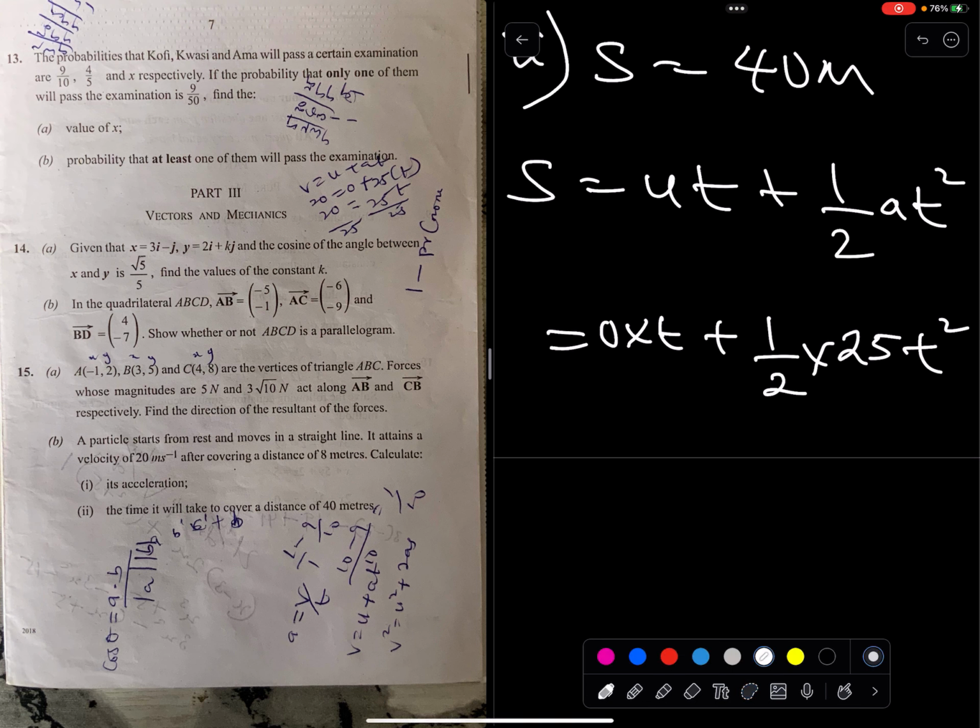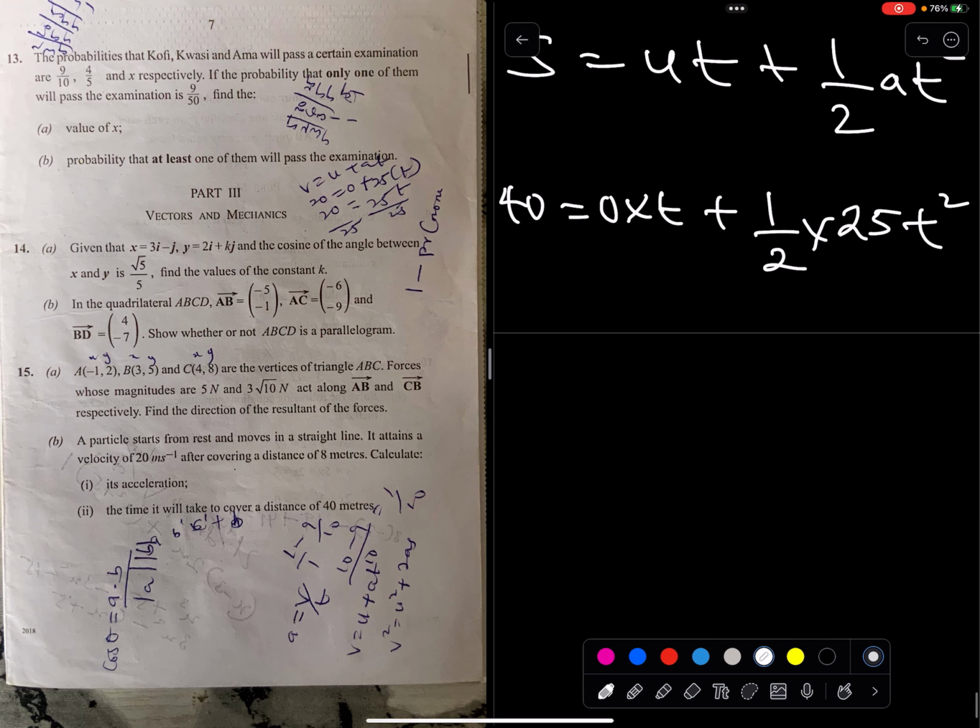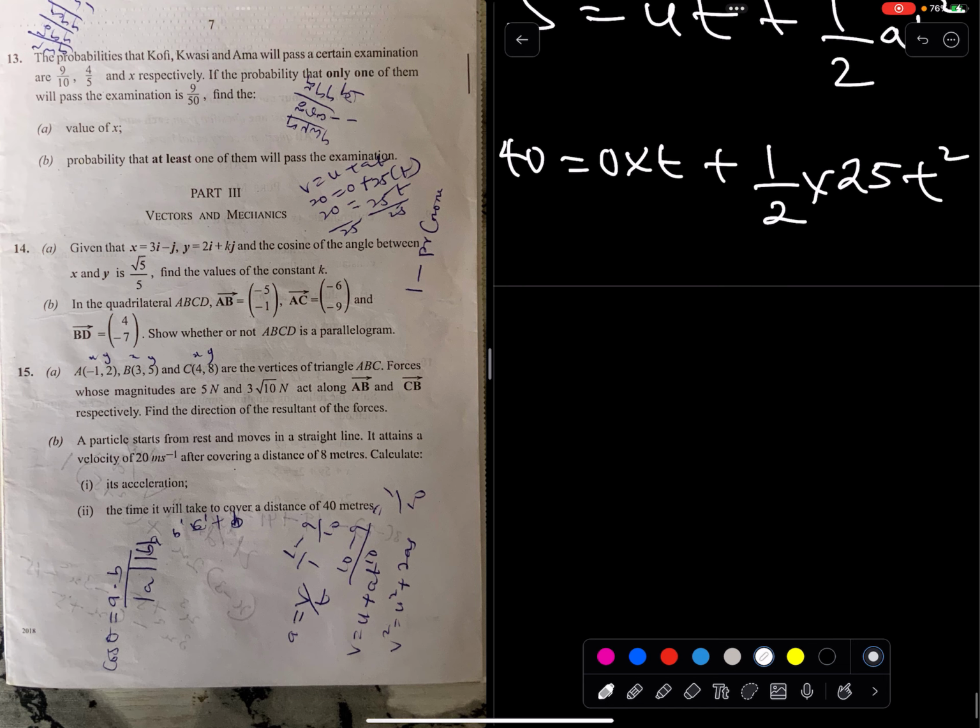So I should say 40 equals 0 times t plus half times 25t squared.